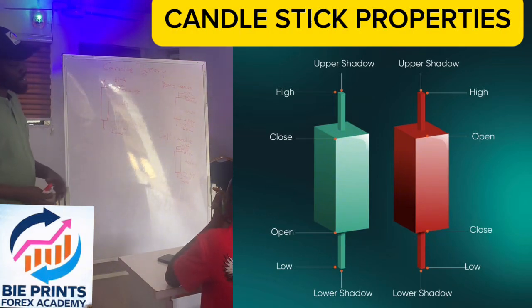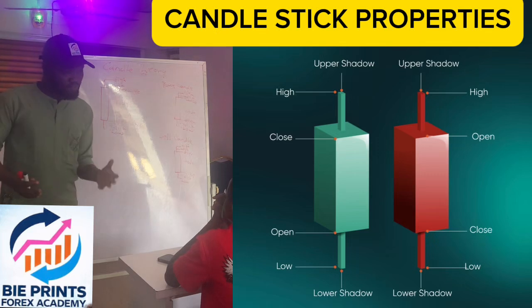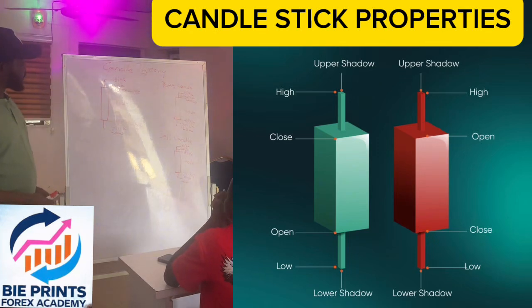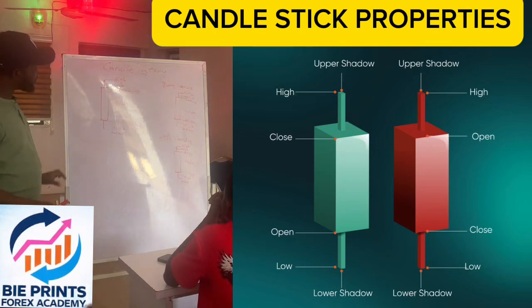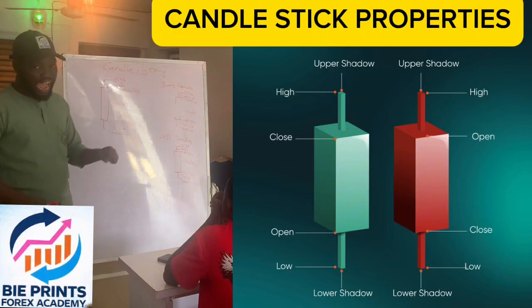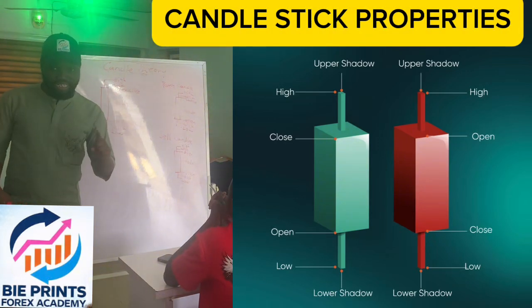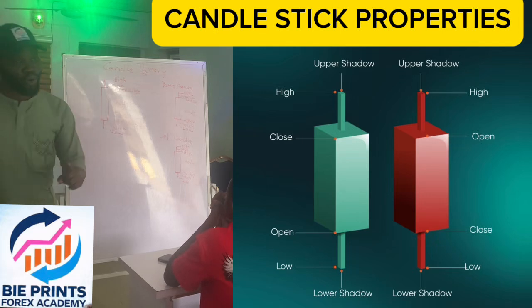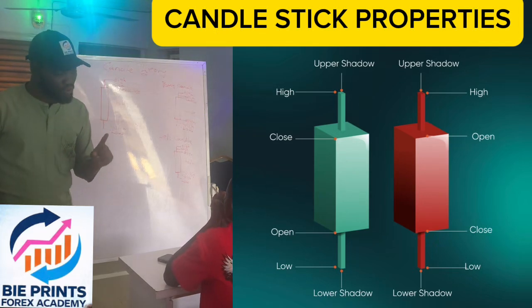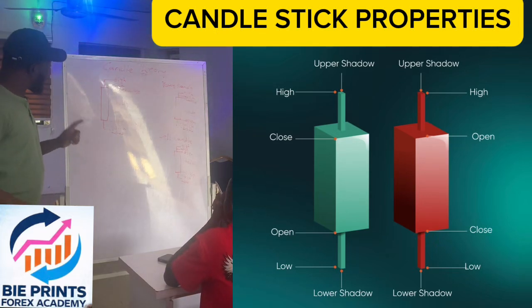You have 1 hour, 1 minute, 1 day, 1 month. So it uses time to form. That's why we said that the high is the highest price that the buyer bought at a particular time. That's the high.